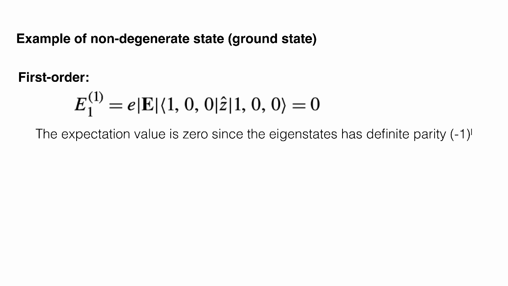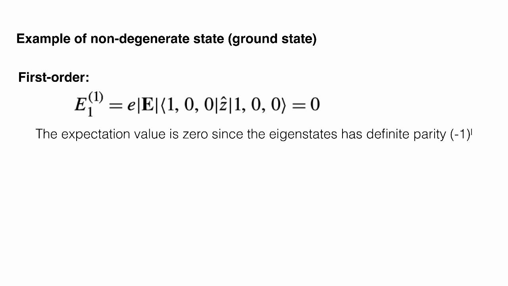The ground state is n equals 1, l equals 0, and m equals 0. And we have to calculate the matrix element for the z operator. And obviously we find that this value is equal to 0 because that particular eigenstate has a definite parity.